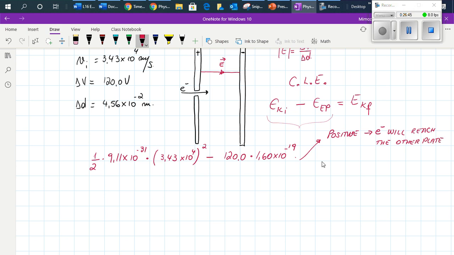And if it is negative, the electron will not reach the other plate.